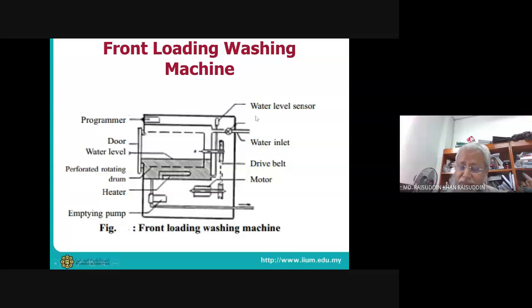This is just the internal structure of the drive. You can see here this is a motor, and the motor is connected with a belt drive. When you use the belt drive, the power is not that big.